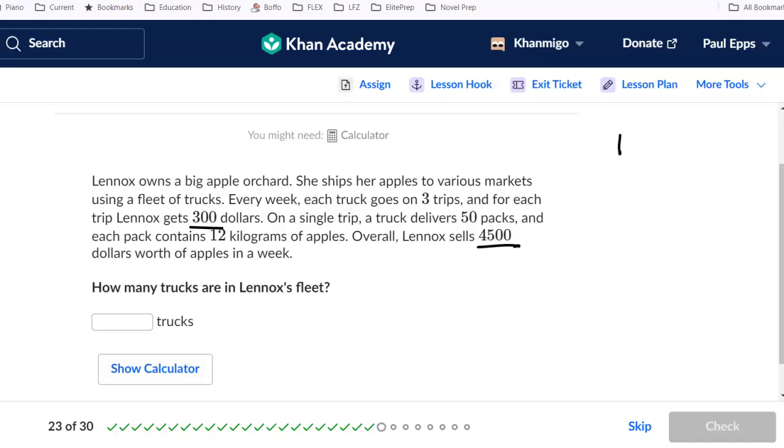The number of packs and kilograms doesn't seem to make any difference. It's just $300 per trip, so you need 15 trips. Each truck goes on 3 trips, and that means you have to have 5 trucks. So let's try that.